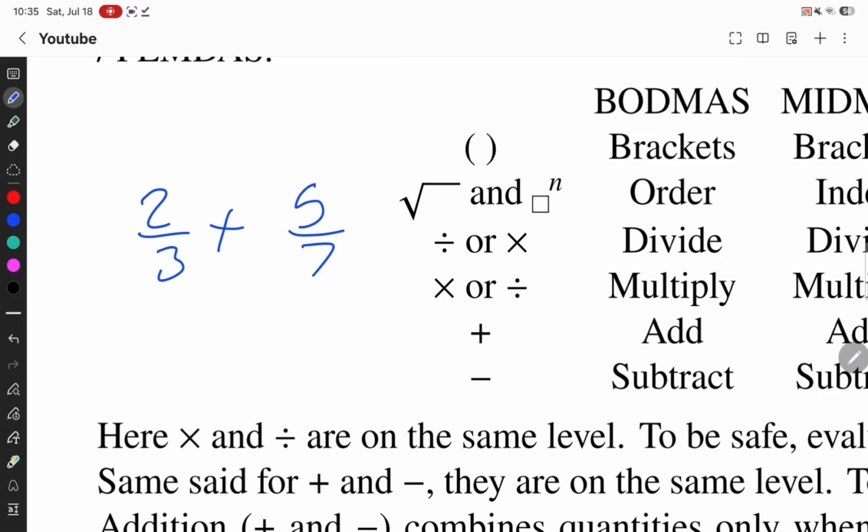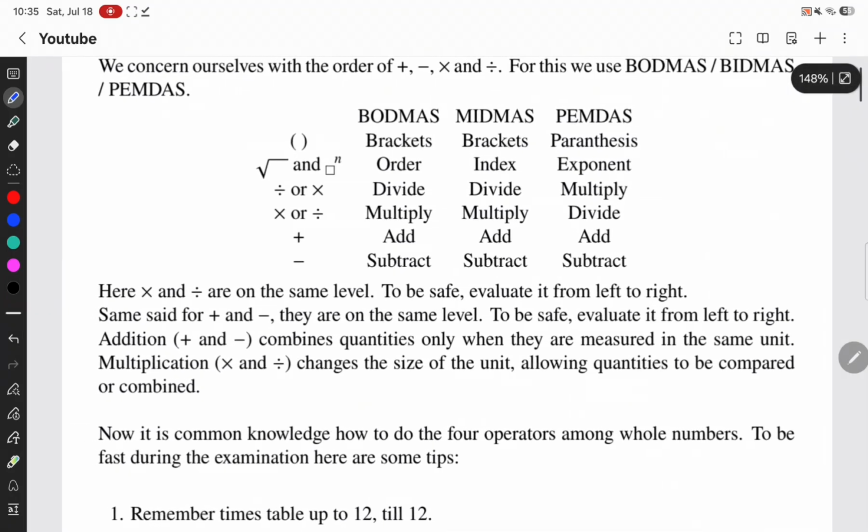You have to make the denominator the same and then do it: it's 14 plus 15 divided by 21. Here is multiplication going on outside, hence we have a common denominator. I will explain what I mean later on in the video.